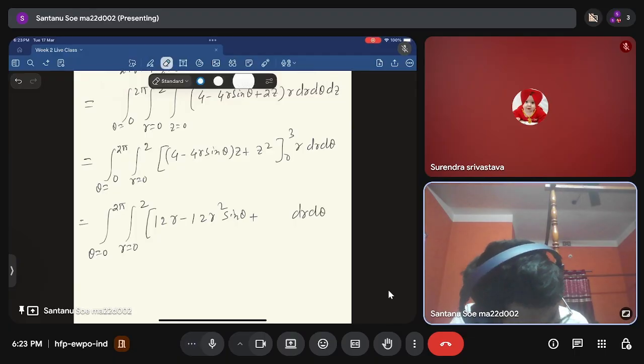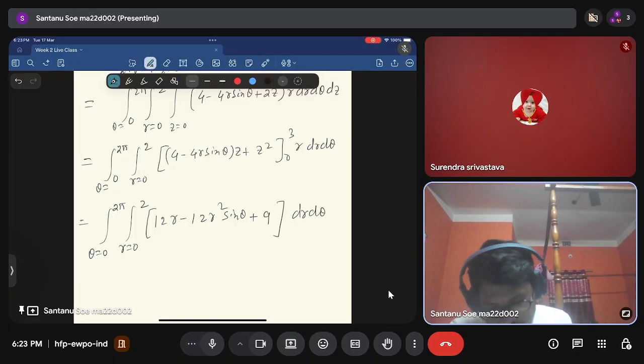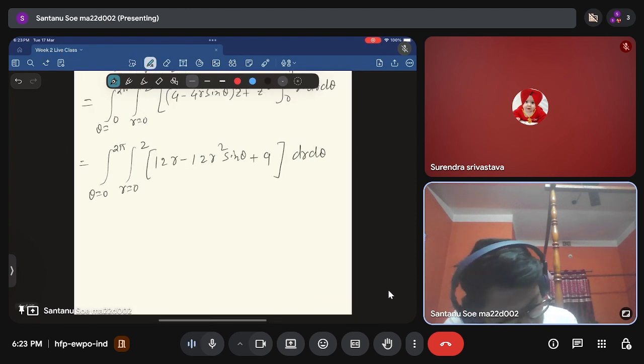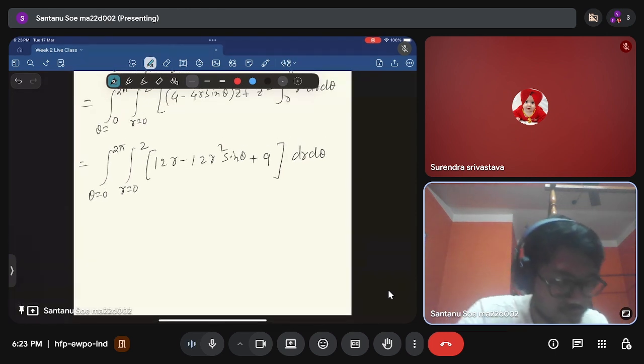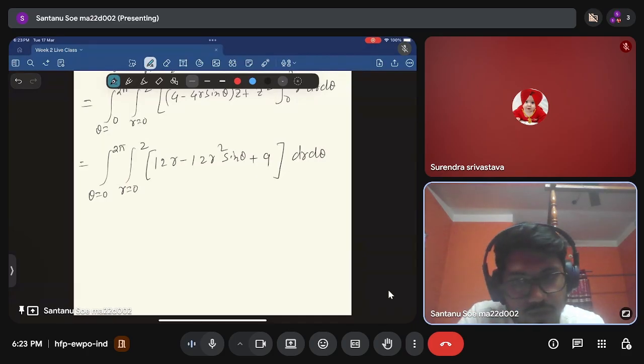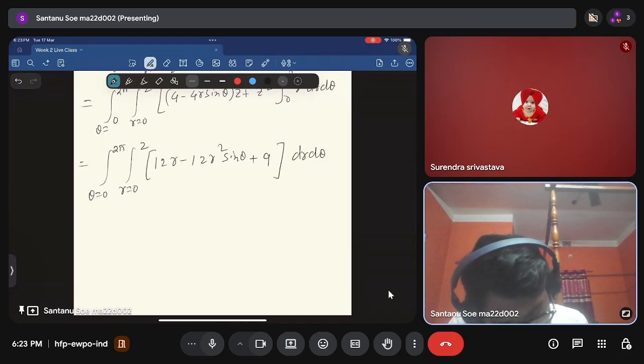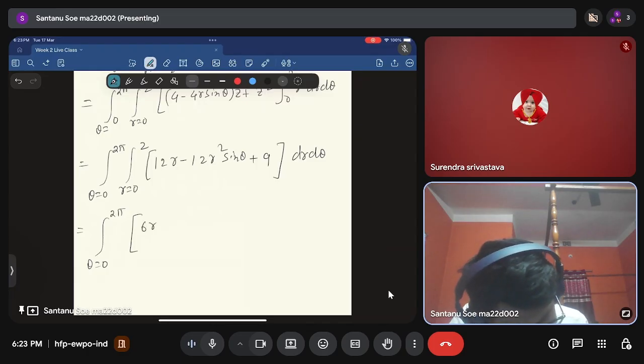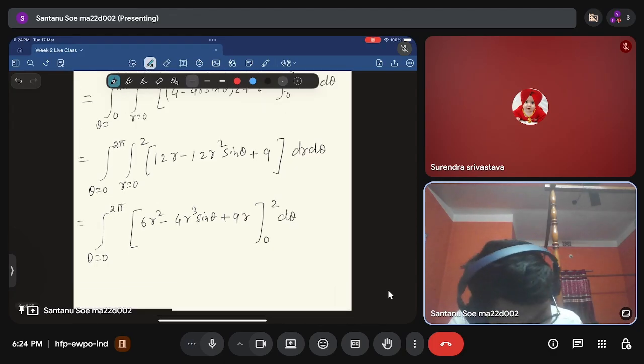Okay, so now we're going to do the integration with respect to r, and then we'll do the integration with respect to theta, correct? So this will be from theta equals 0 to 2 pi, 6r square minus 4r cube sine theta plus 9r, from 0 to 2, d theta.